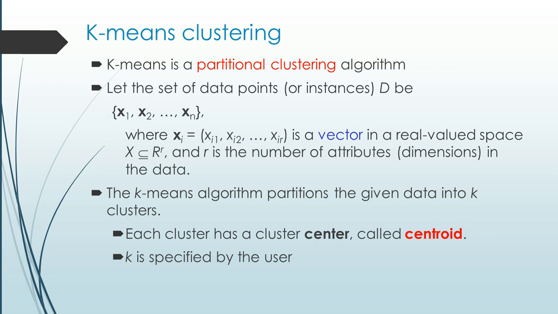If we have even more dimensions, this might become a little more complex, but still it's doable. Now in the k-means algorithm, the data is partitioned into k clusters. One of the key aspects of the k-means algorithm is that we need to select the number of clusters. Each cluster has a center, which is called a centroid, and we specify how many centroids we're going to have in the image.